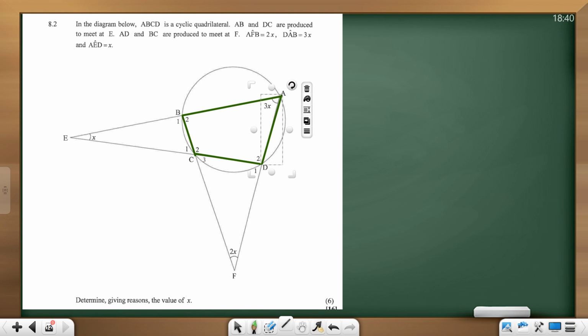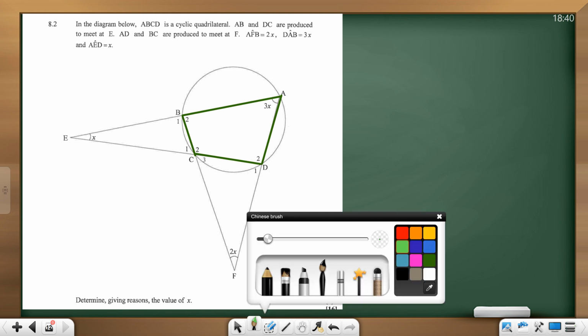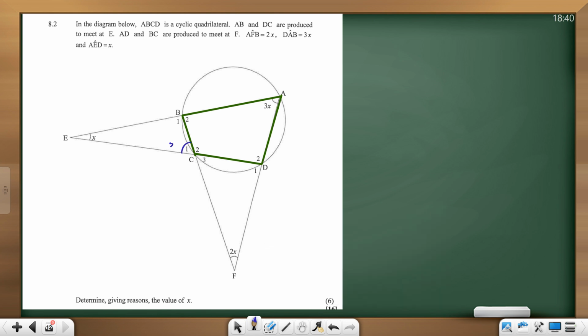I don't know if it's going to lead me to the answer, but I already know that this is 3x. And if that's the case, I already have my B1, and I think I'm done.